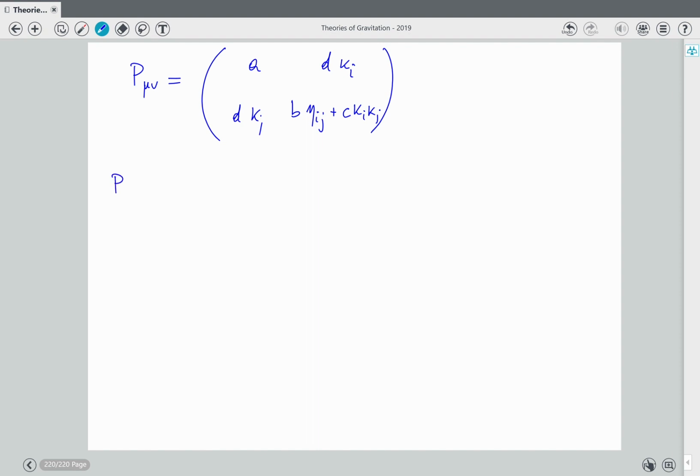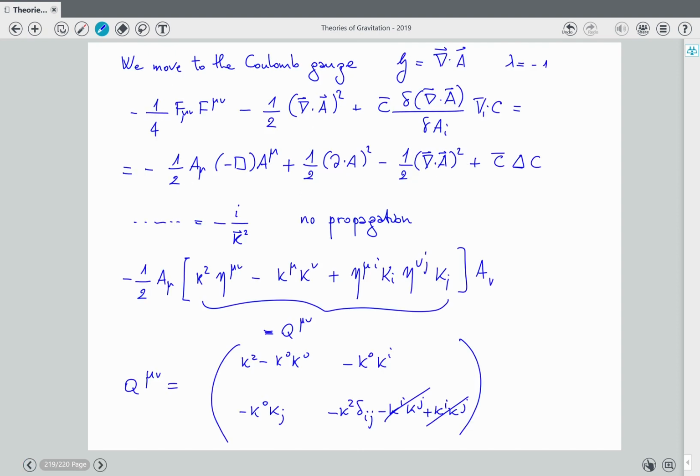So we multiply that by Q and see what we get, paying attention to the indices and what is up and down. Well, we can lower those indices and we lose the minus sign.